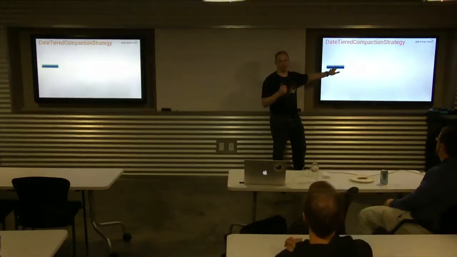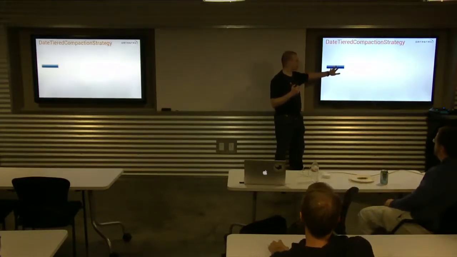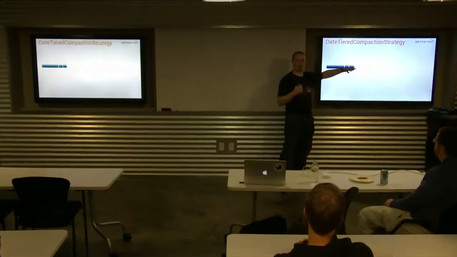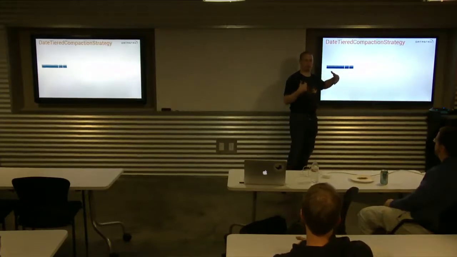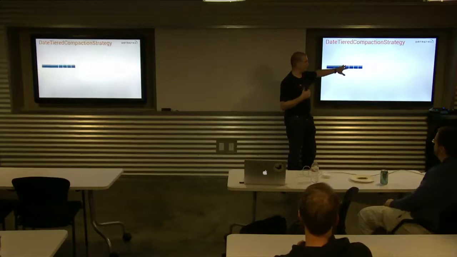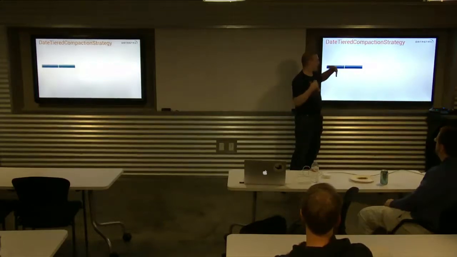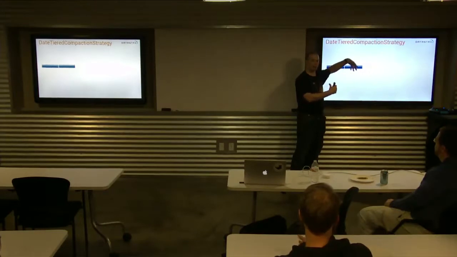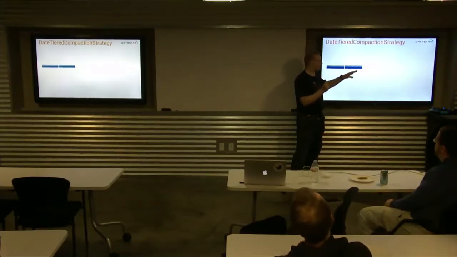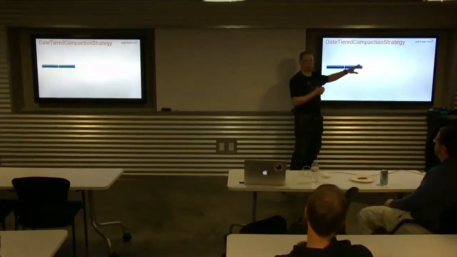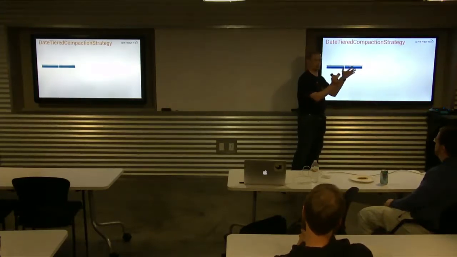So I compact those together, and I continue flushing new SS tables as new events arrive. New SS table, new SS table. Then I'll keep compacting the SS tables within that base time window. So I'm oversimplifying here a little bit, right? Because I'm just showing new SS table compaction.